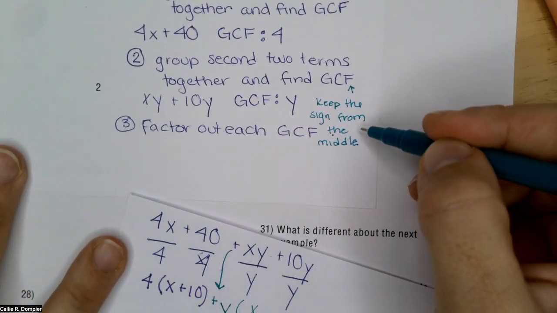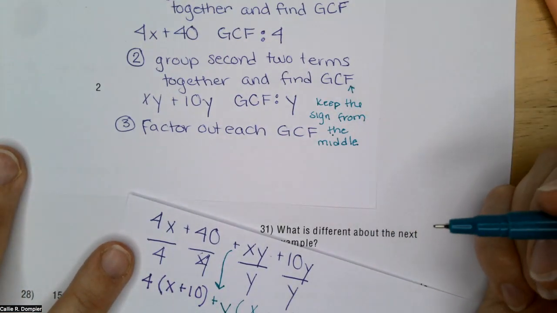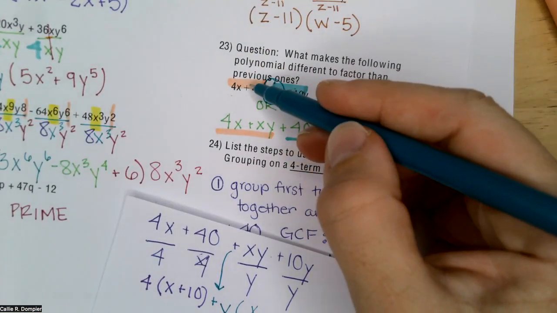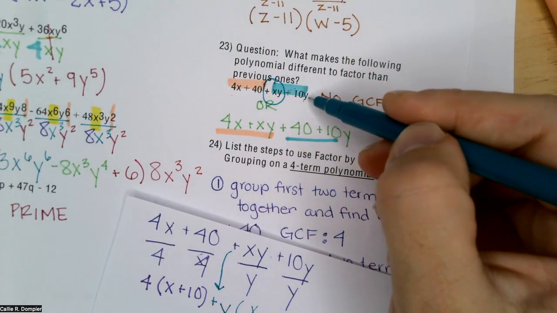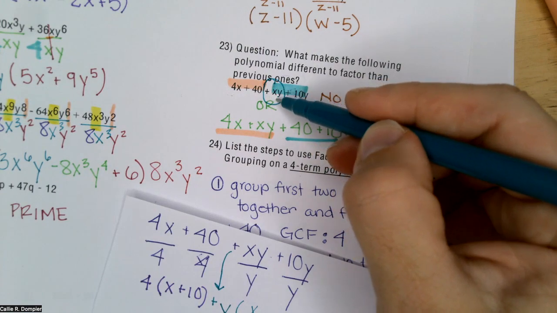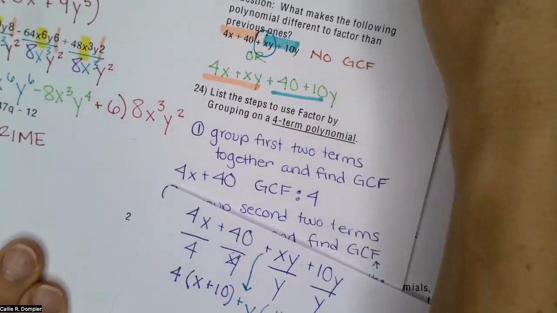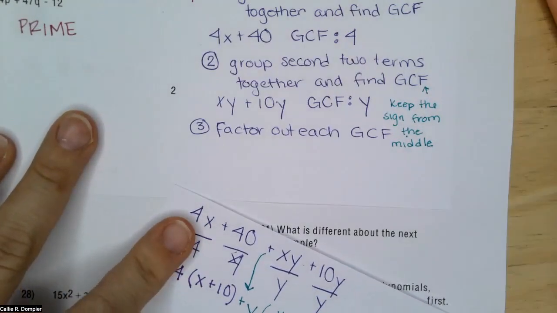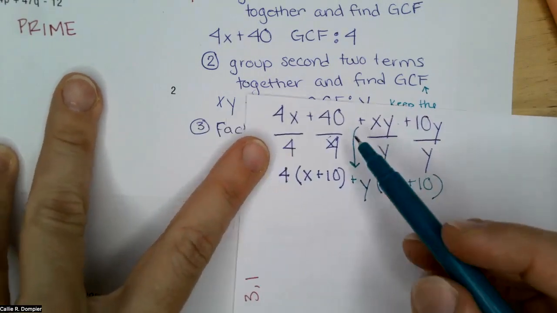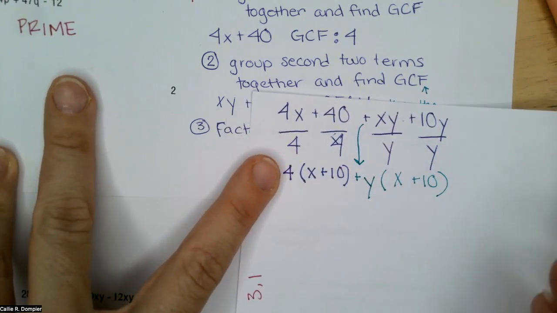Keep the sign from the middle as the sign for your greatest common factor. If we happen to have 4x plus 40 minus xy plus 10y, we would want to factor out a negative y, okay? Keep the sign from the middle of your 4 terms as the sign of your greatest common factor.